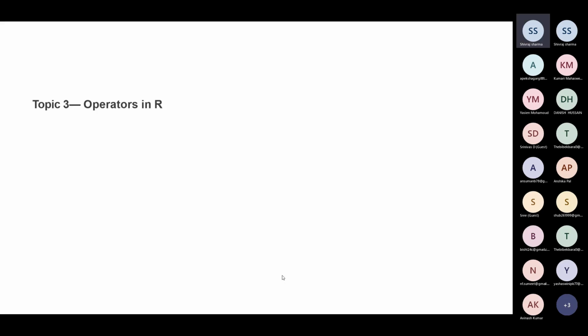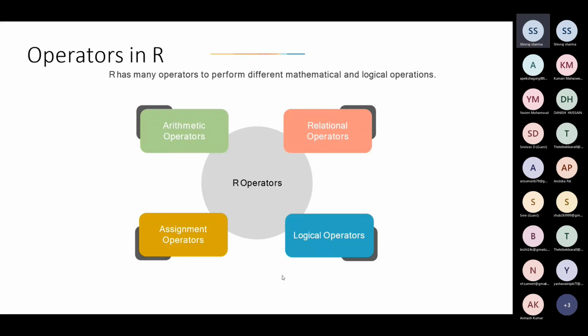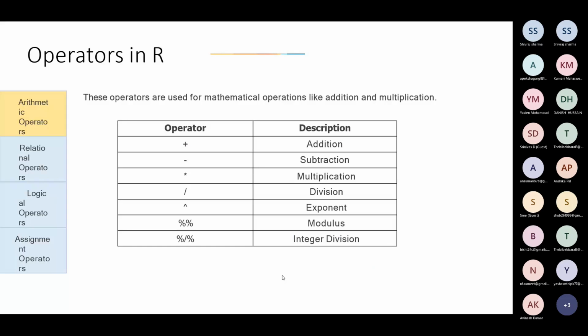Moving ahead with the operators in R, there are 4 types of operators available in R: the arithmetical operators, the relational operators, the assignment operators, and the logical operators. Only these 4 types of operators are available with R. See, classifying these operators.